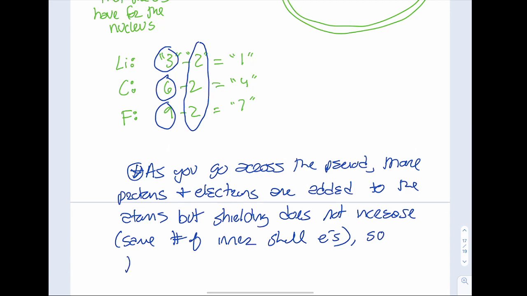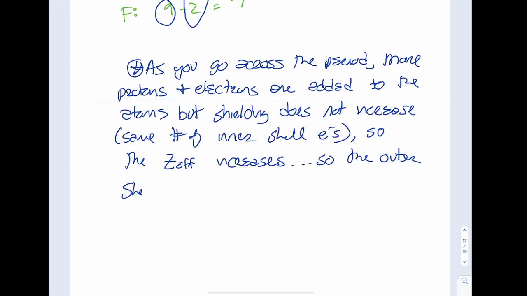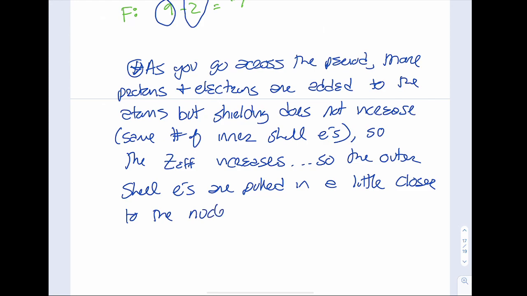So the effective nuclear charge increases. So the outer shell electrons are pulled in a little closer to the nucleus, right? More attraction.